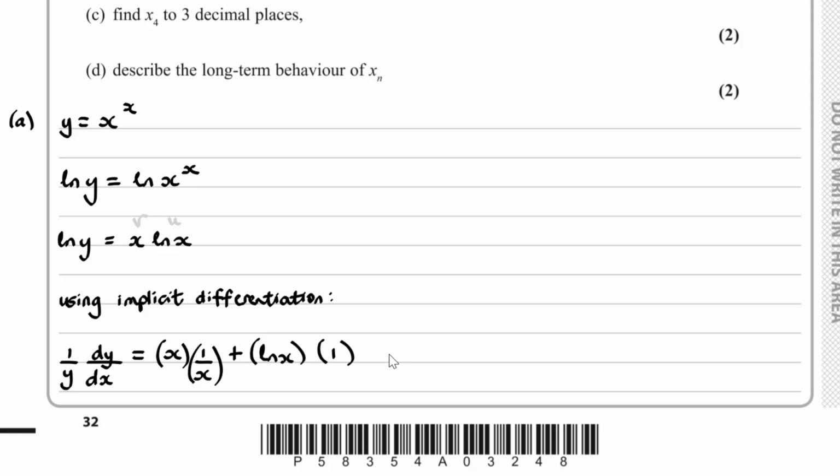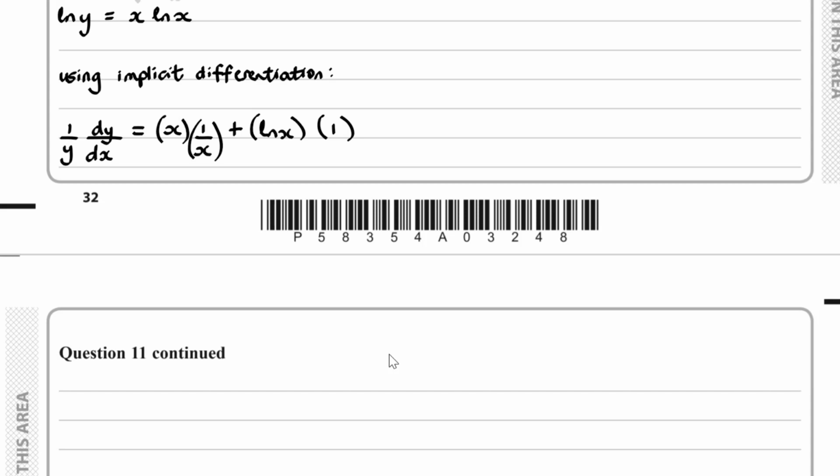And therefore, what we have over here is 1 over y multiplied by dy over dx, and that's equal to the natural log of x plus 1.